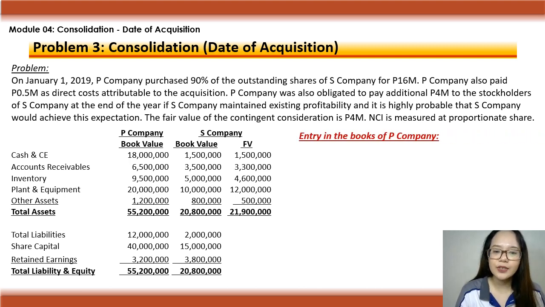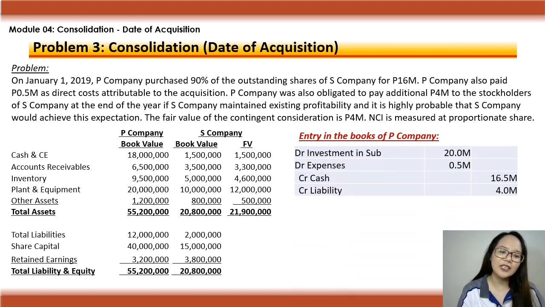Compute tayo. First, ano yung entry sa libro ni P? Di ba ano nga yun? Magre-record tayo ng investment in subsidiary. Computed as, magkano yung consideration transferred? 16 million plus the contingent consideration at fair value of 4 million. That will be 20 million. Plus, debit the direct cost which is expensed under PFRS 3.